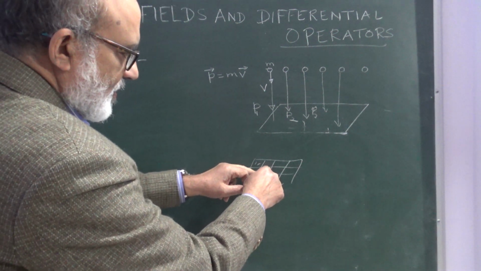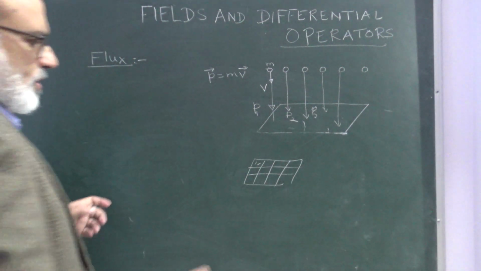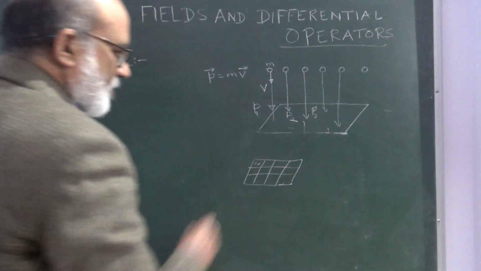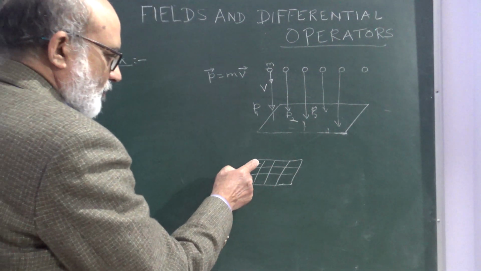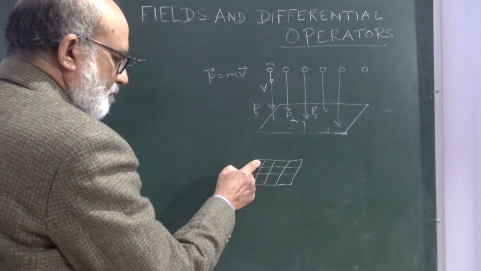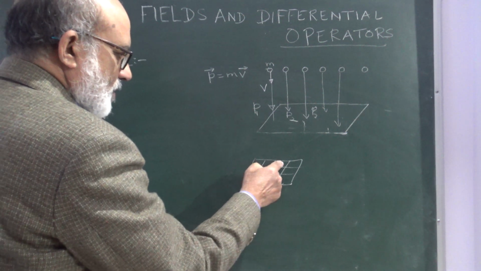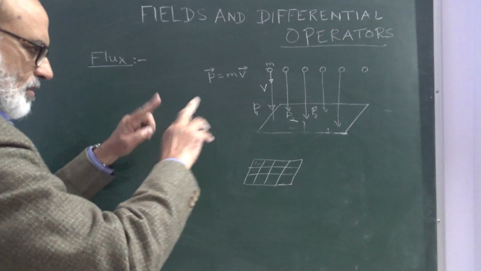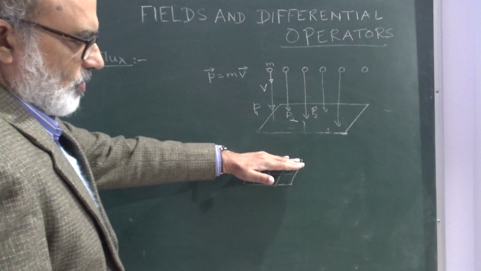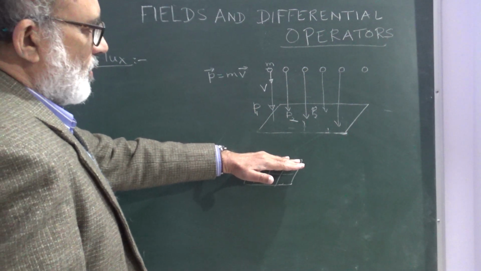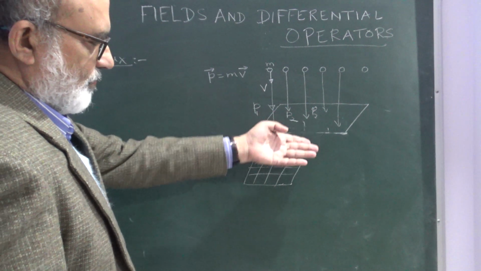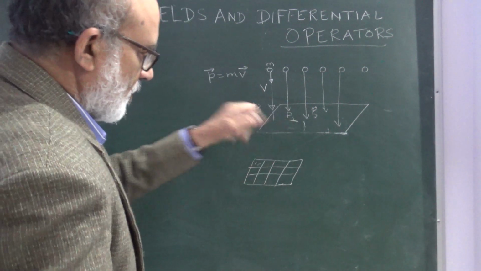Then to find the total flux, we find the flux in each small area, and the summation of all the fluxes gives the flux of the field through the whole area.